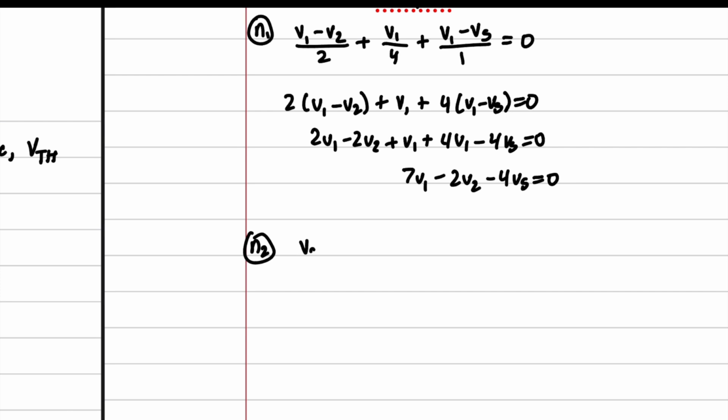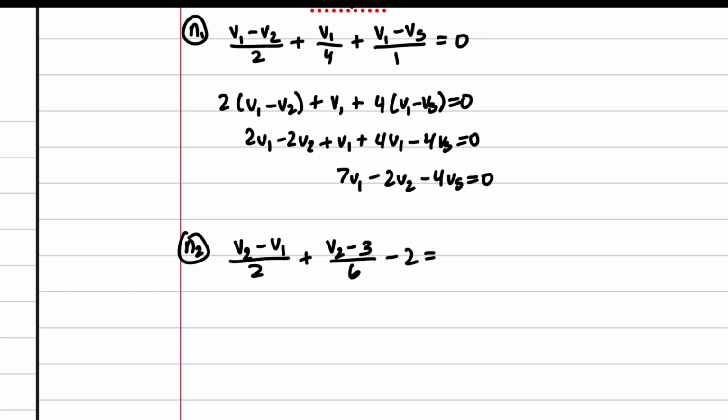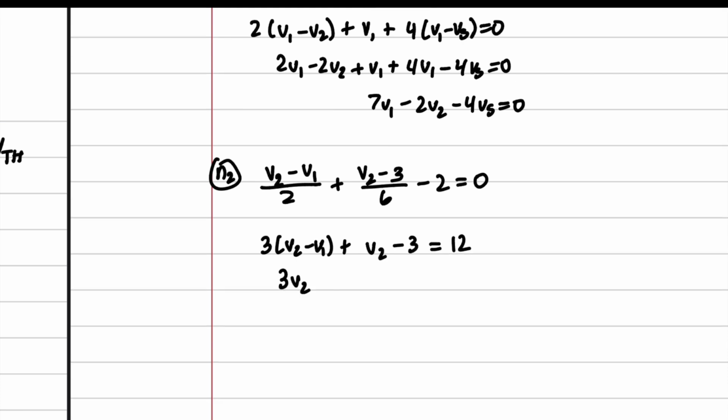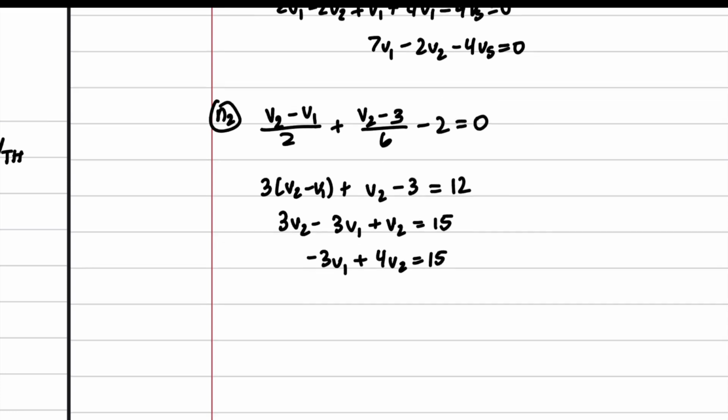So v2 minus v1 over 2 plus v2 minus 3 over 6 minus 2 amps equals 0. We're going to go ahead and simplify, and we're left with negative 3v1 plus 4v2 equals 15.